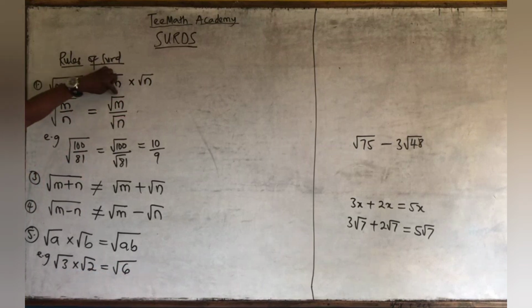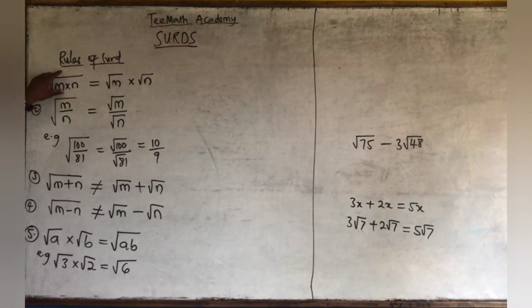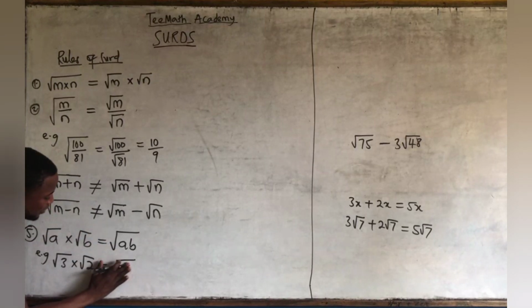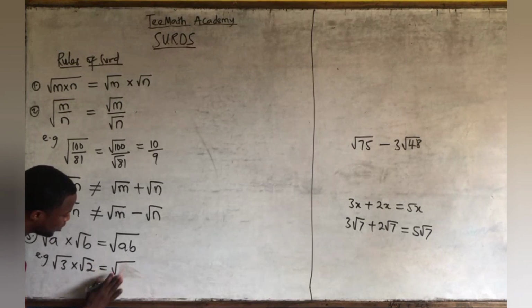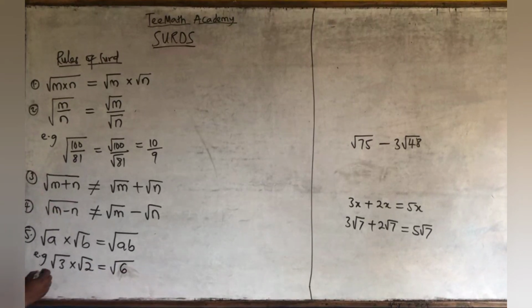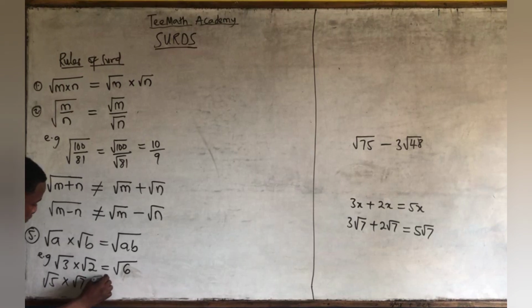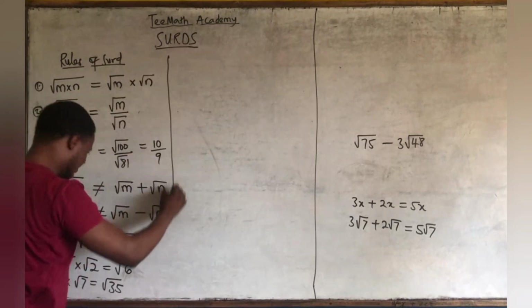You can see that they are separate also, but they have the same root, and I don't want to write 3 times 2 again. It's the same thing, so I can just say root 6. I can also have root 5 times root 7. That is root 35. Are we there? That is rule number 5.